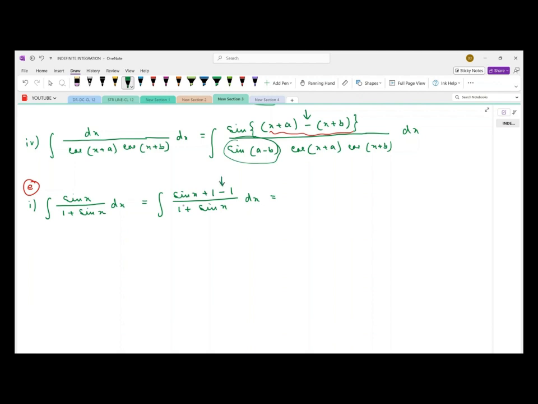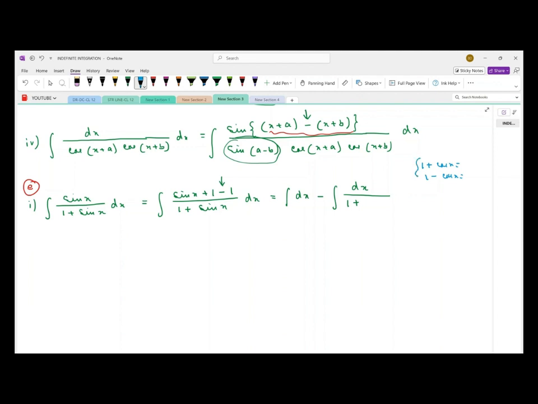So sin x plus 1 and sin x plus 1 get cancelled, so you have integration dx minus integration dx by 1 plus sin x, right? But you know, in our trigonometry, we have formulas for 1 plus cos x and 1 minus cos x.